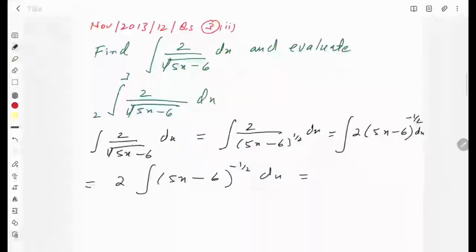And this will become minus half plus 1, which is 1 over 2. The same 1 over 2 will come in the denominator. Multiply by the coefficient of x, which is 5, plus c.